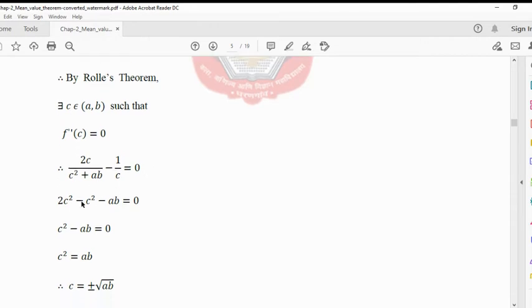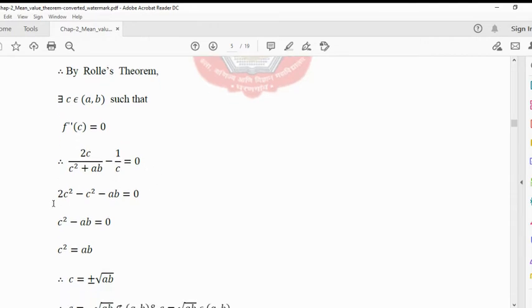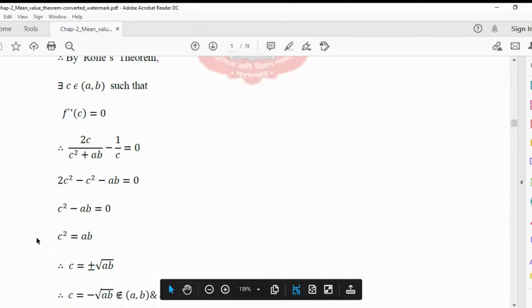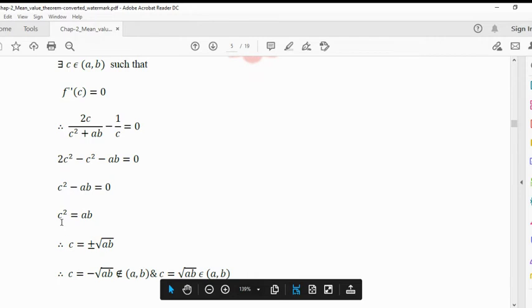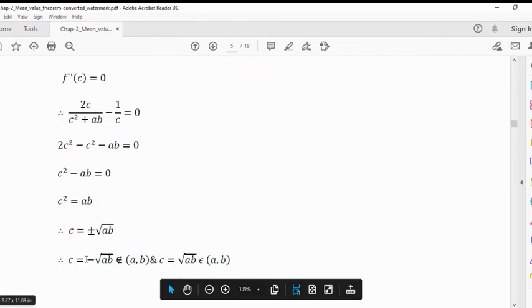So 2c square minus c square is c square, so c square minus ab is equal to 0. So c square is equal to ab, so c is equal to plus or minus root ab.